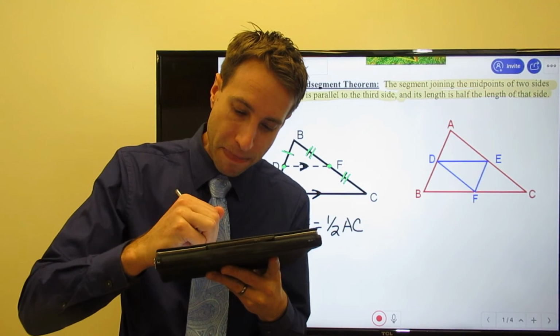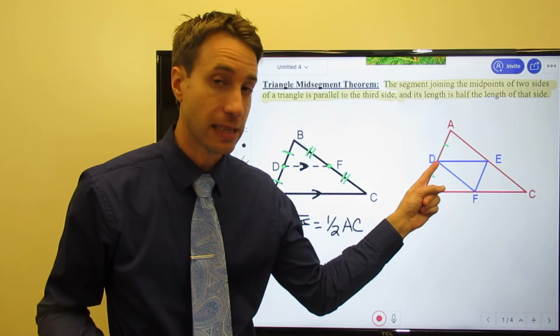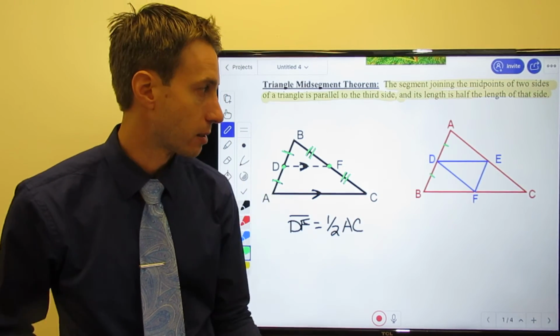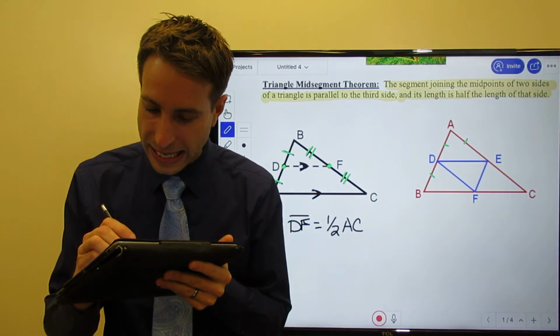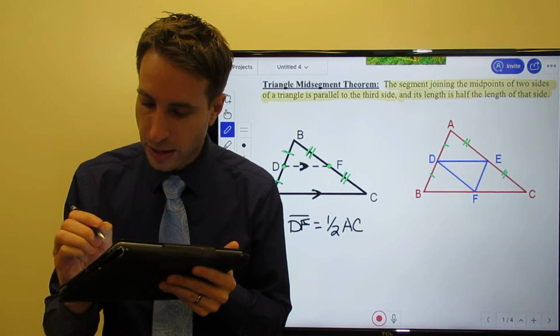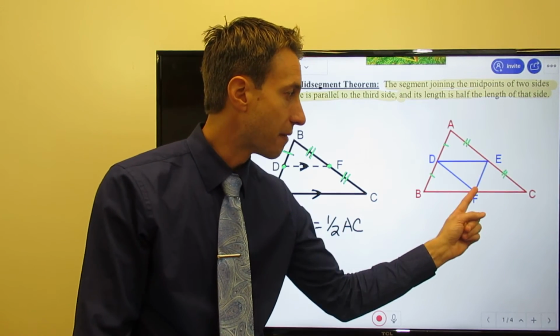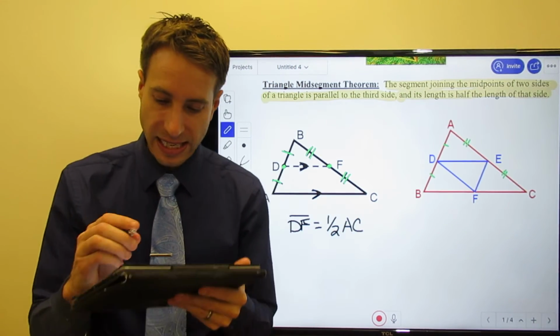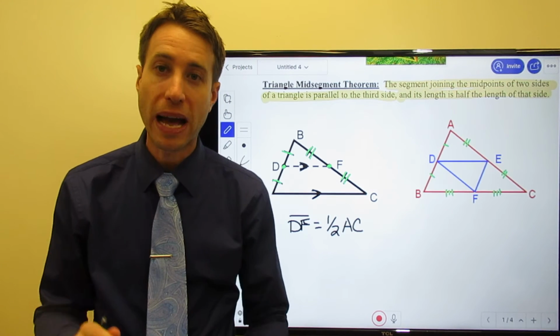So that means that BD will be congruent to AD, right? It has to be. D is a midpoint. Okay, awesome. Same thing over here. E is a midpoint, so AE will be congruent to CE. Awesome. Keep going. F is a midpoint, so once again, BF will be congruent to FC.